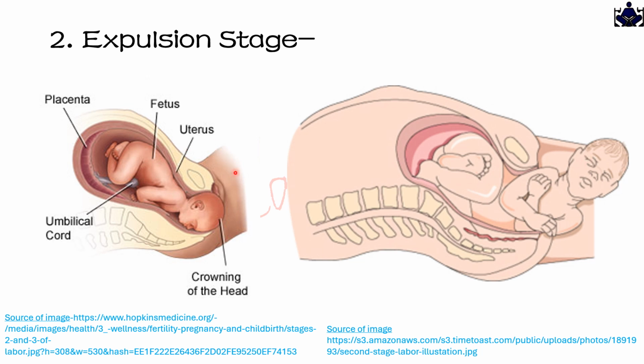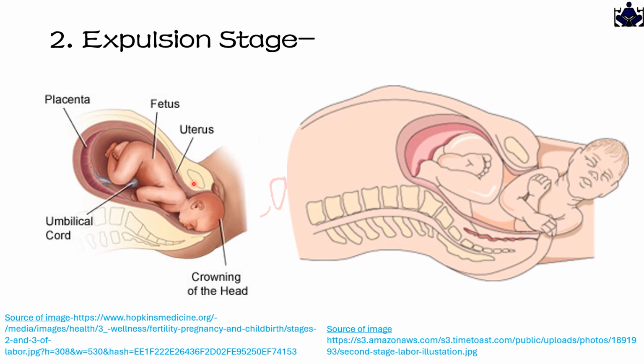So here we can see in the first stage, that is the dilation stage, the cervix was dilated. In the second stage now, the baby is trying to come out from the cervix.